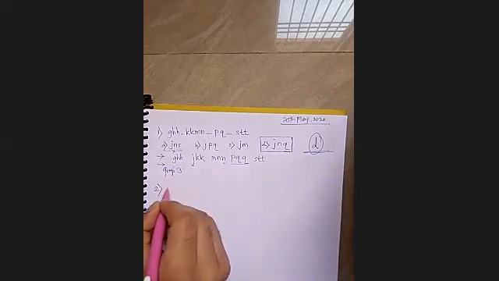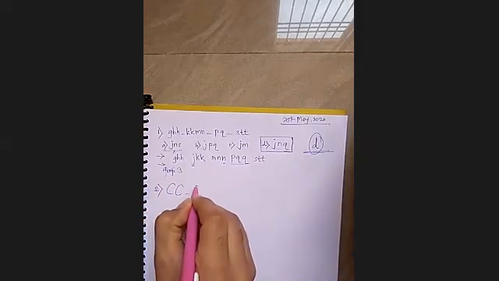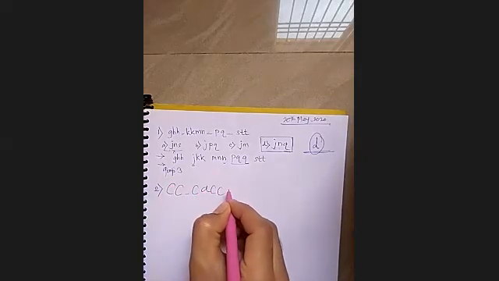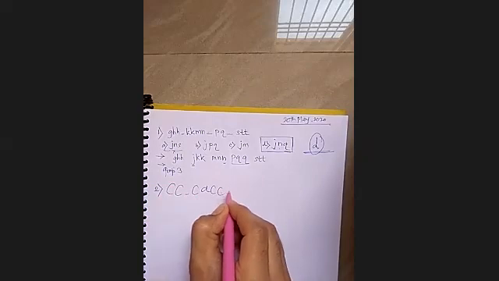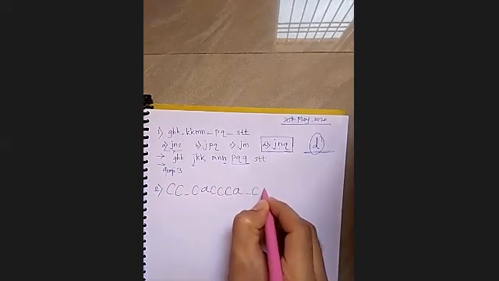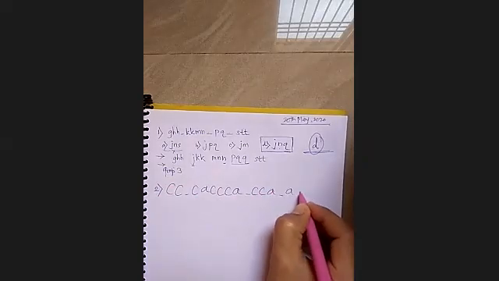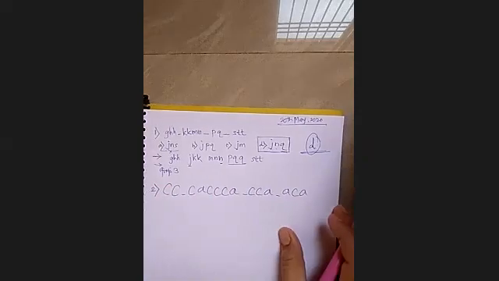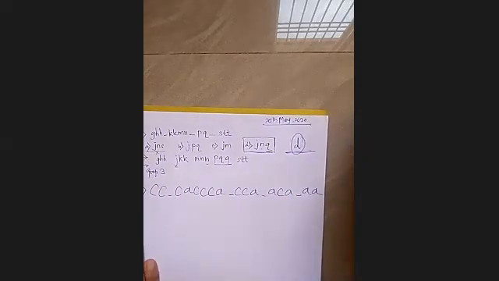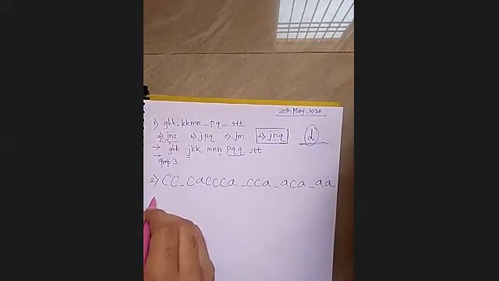Now C, C dash C, A, C, C, C, A dash C, C, A dash A, C, A, dash, A, A. So this is your question.